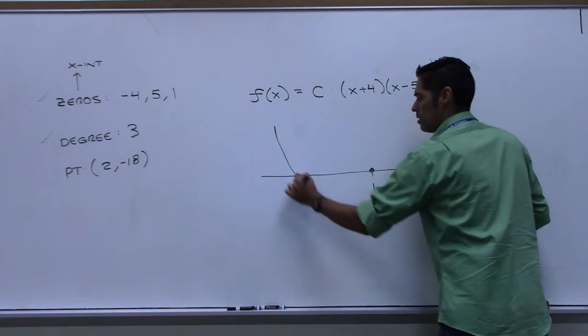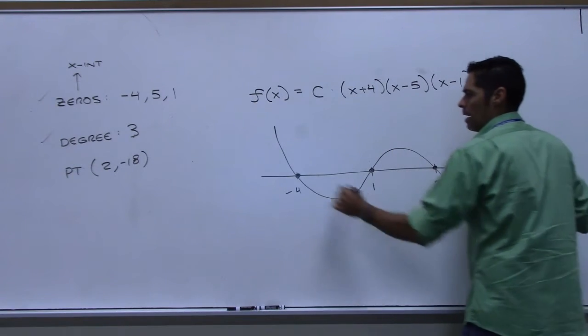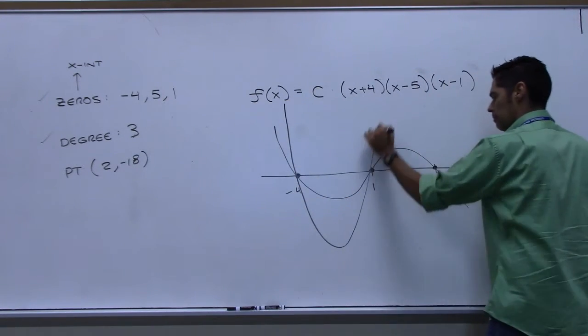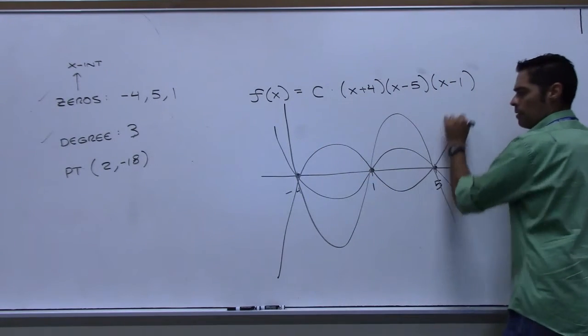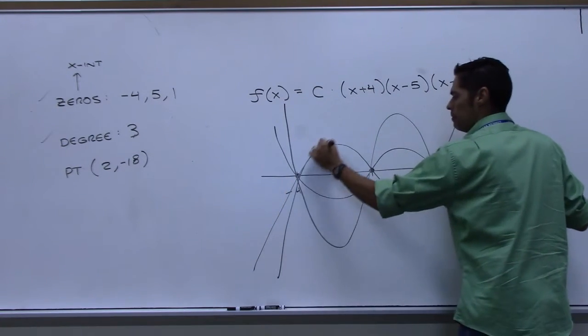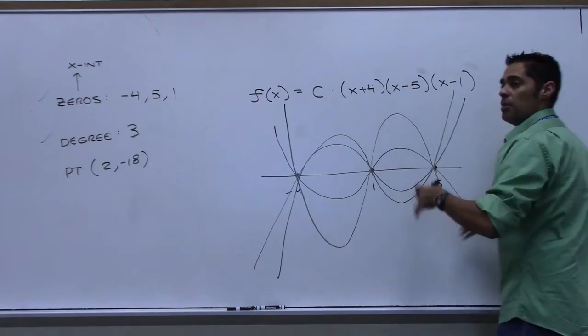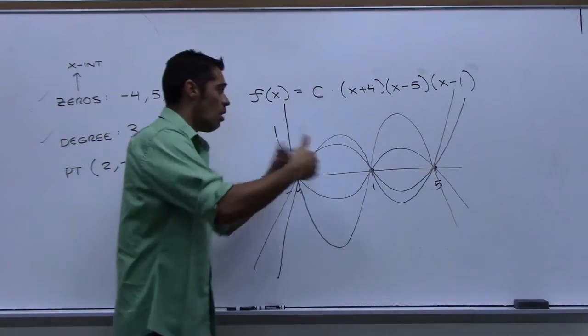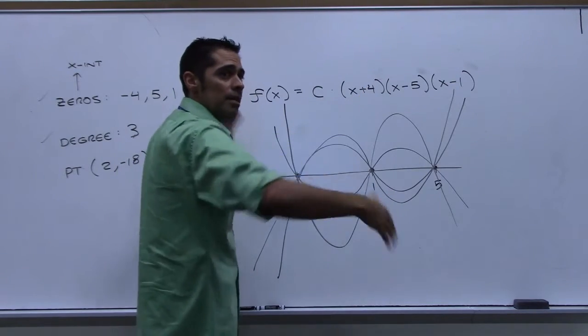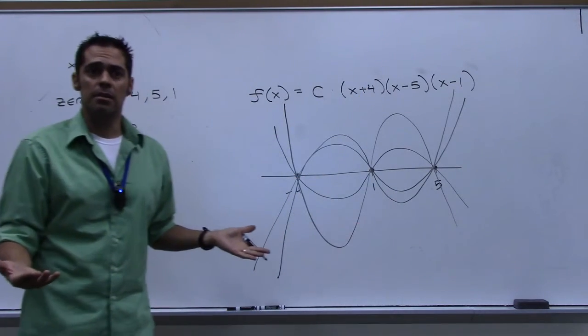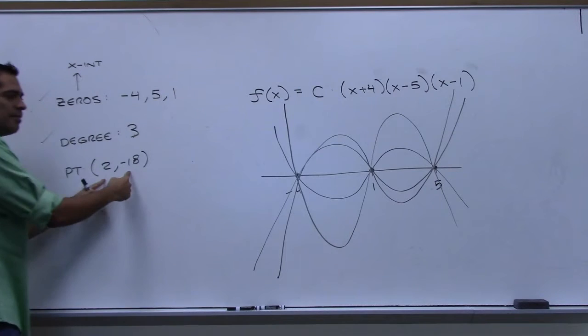I could draw this. I could draw this. I could even draw this, right? I could come up from the bottom. There are infinitely many that cross through at each one and still behave like a degree 3, either that way or that way. Because I don't know what the leading coefficient is, do I? Not unless I have this information.